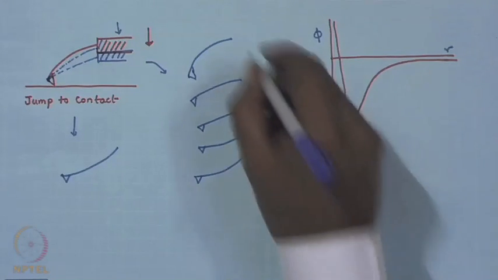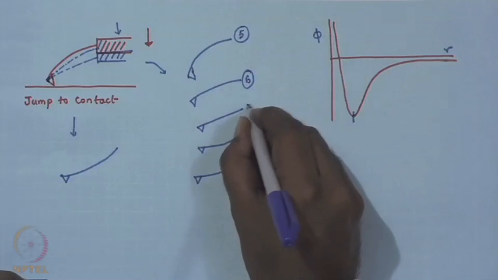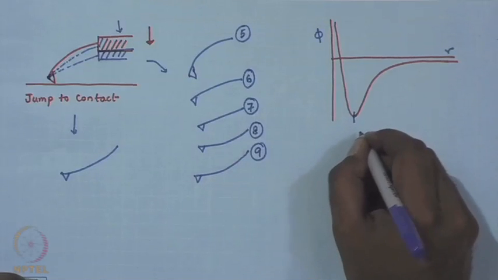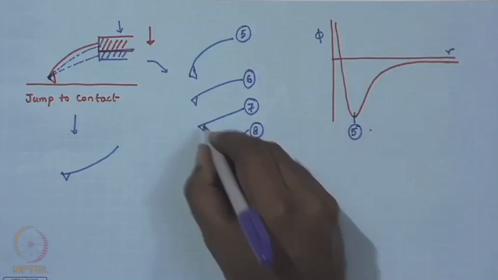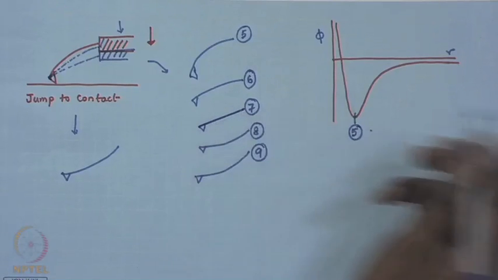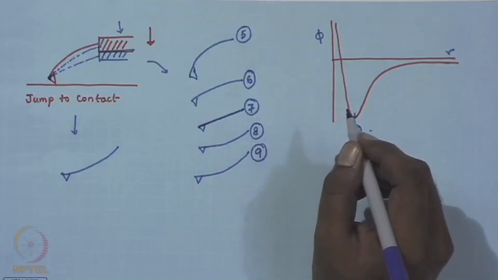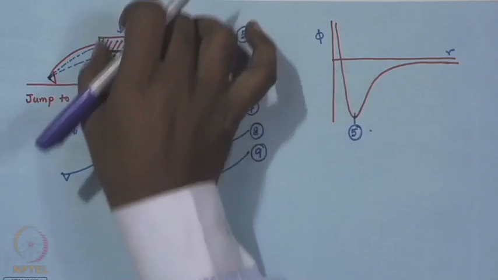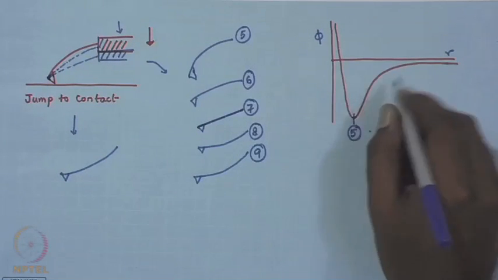So, what is the difference? Let us say we mark this as 5, 6, 7, 8 and 9. So, let us try to identify the points on the force curve. This is the point 5. This you see is a scenario where there is no deflection, it is again straight. So, can you identify that point? Beyond 5, you need to understand that any push imparted by the stepper motor puts you now in the repulsive regime.